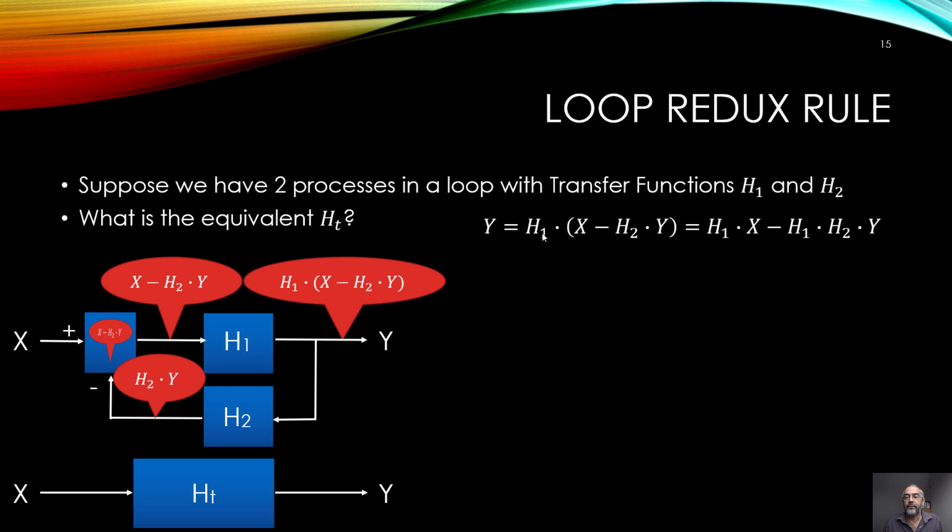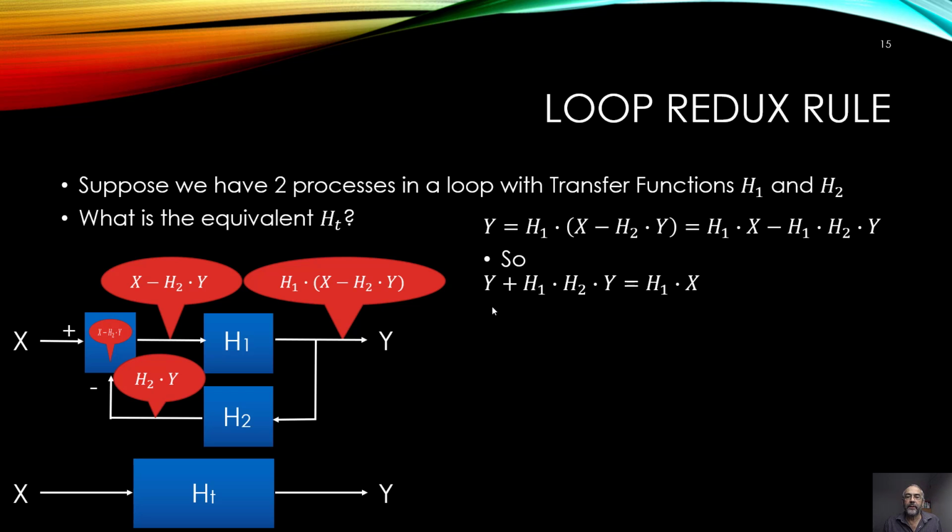The first rewriting step is to get rid of the brackets. So H1 times (X minus H2Y) is the same as H1 times X minus H1 times H2 times Y. And that's the distribution law in algebra.